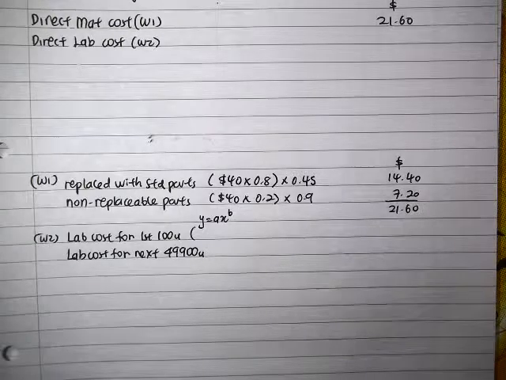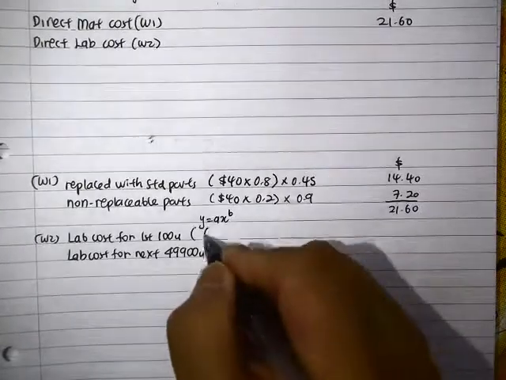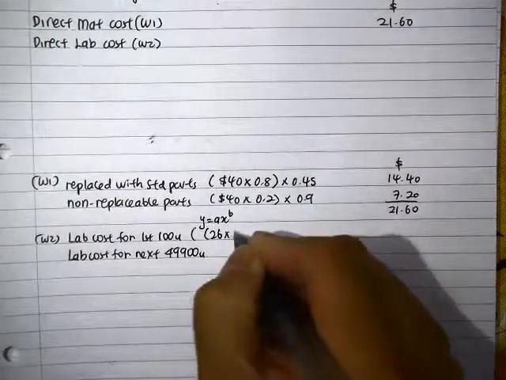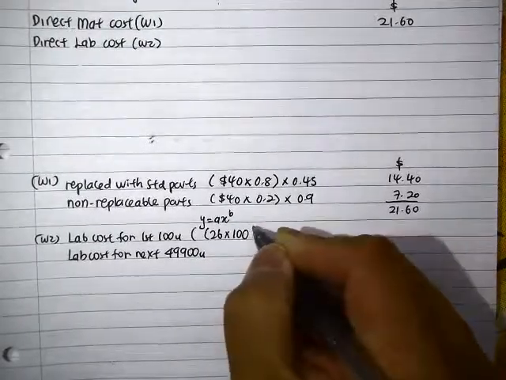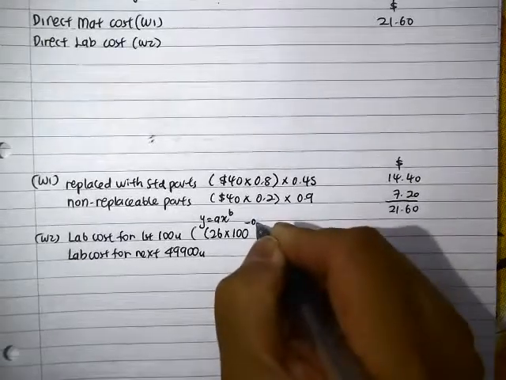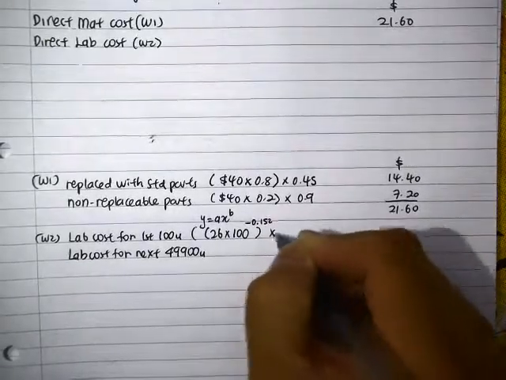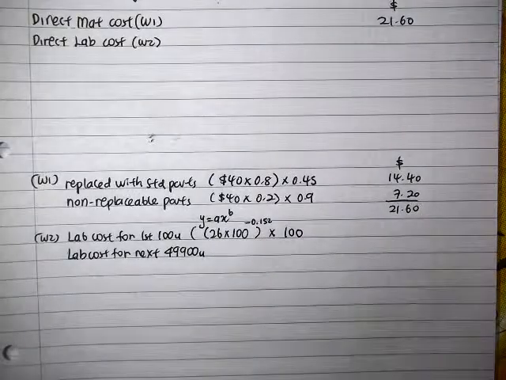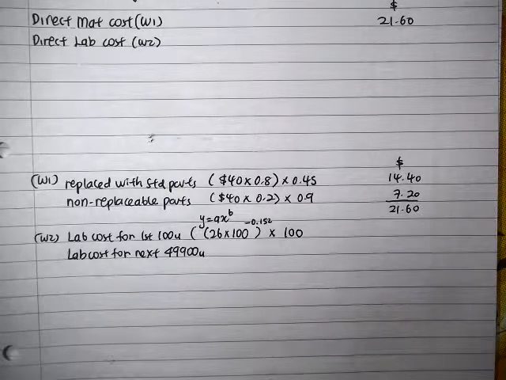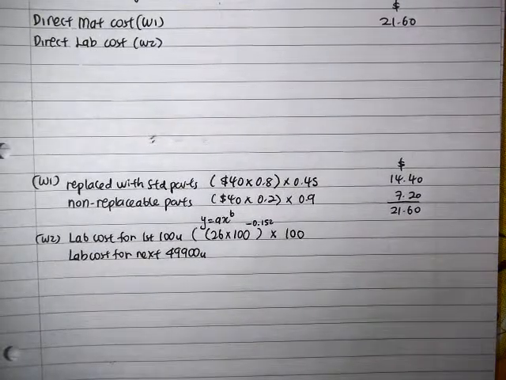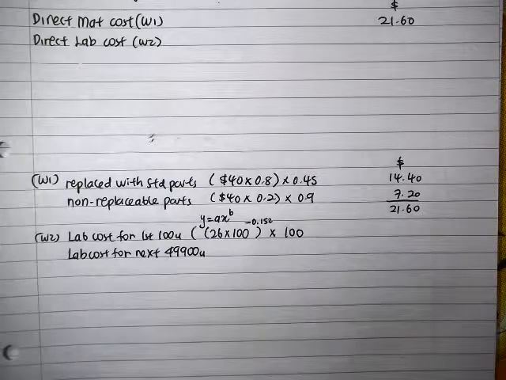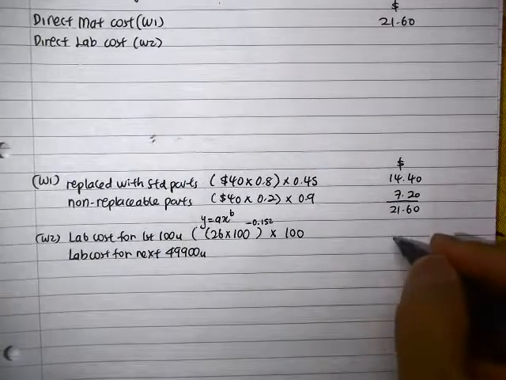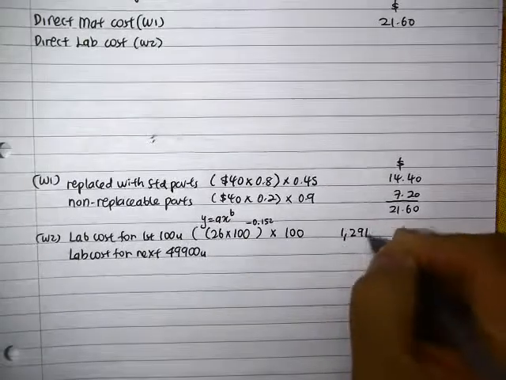So my cost will be 26 times 100 to the power of negative 0.152, which is about 12.9114. Multiplied by 100, the cost is 1291.14.